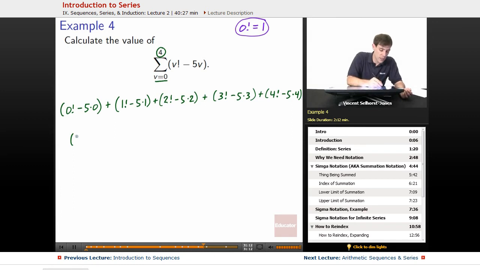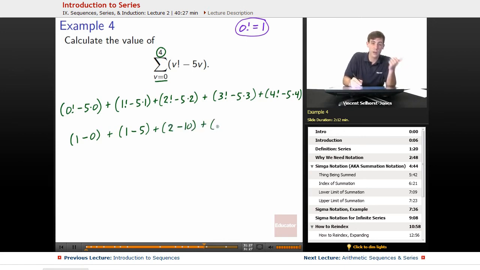So 0 factorial gets us 1, minus 5 times 0 is 0, plus 1 factorial is just 1, so 1 minus 5 times 1, 5, plus 2 factorial, 2 times 1, so 2 minus 5 times 2, 10, plus 3 factorial, 3 times 2 times 1, so 6, minus 5 times 3, 15, plus 4 factorial, 4 times 3 times 2 times 1, 24, minus 5 times 4, 20.